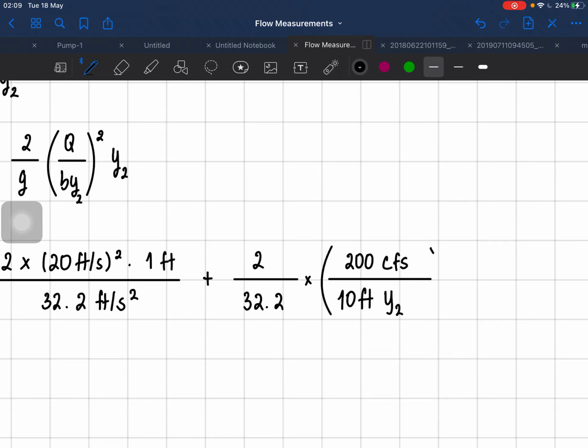Yes, everything here is supposed to be to the power of square times y2. So the thing here we don't know is y2.